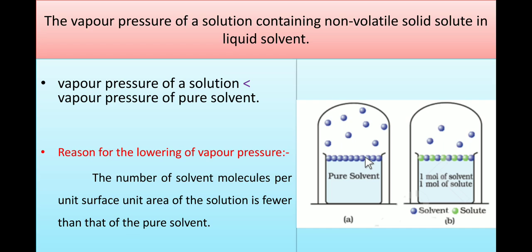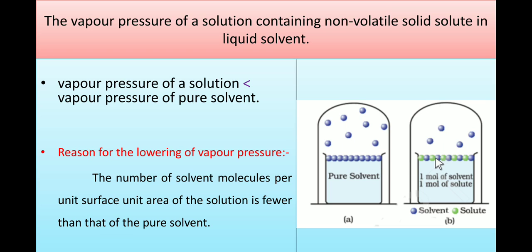Thus, the number of solvent molecules per unit surface area of the solution is fewer than in the pure solvent. Here the number of solvent molecules is less in this much area.